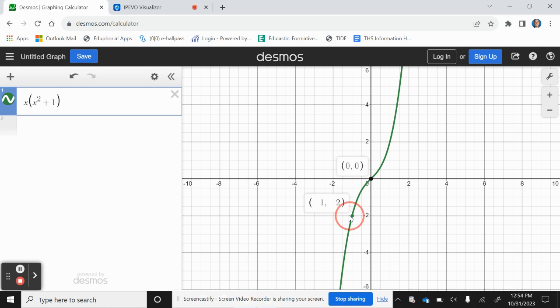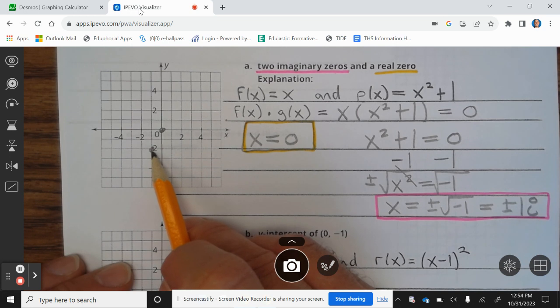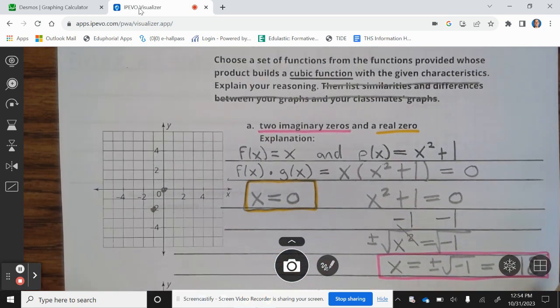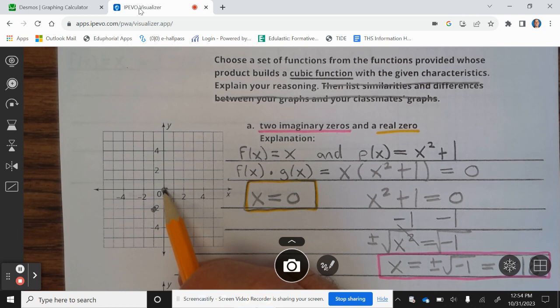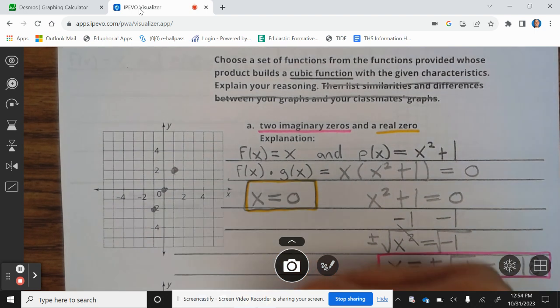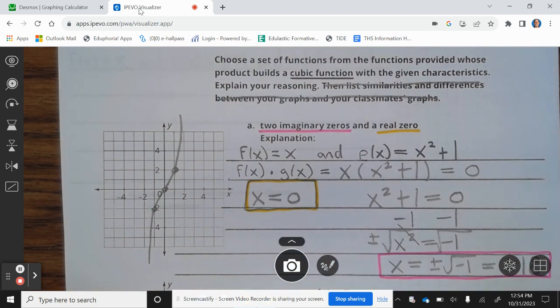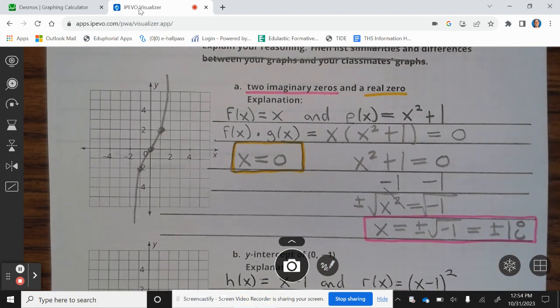Negative 1, negative 2. So we have 0, 0, negative 1, negative 2. And if we went left 1 down 2, we can go right 1 up 2, because these are symmetric points. And then there's your graph. Okay, go ahead and finish up 1A.